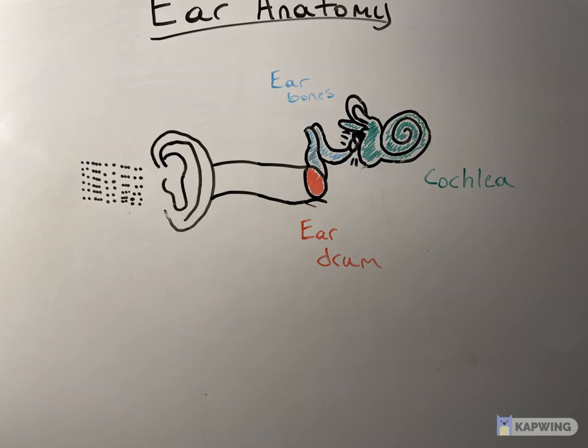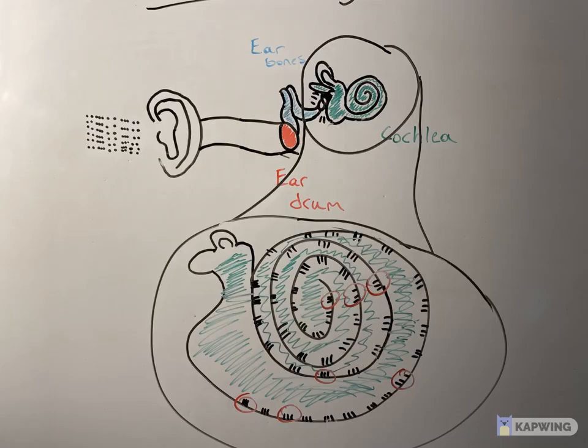This thin skin-like membrane works like the head of a speaker, whereas it vibrates to the sounds entering the ear. Then, using the bones connected to the cochlea, it will translate those sounds that it hears in the ear into vibrations, where the bones will tap on the cochlea, representing those sounds that we just heard.